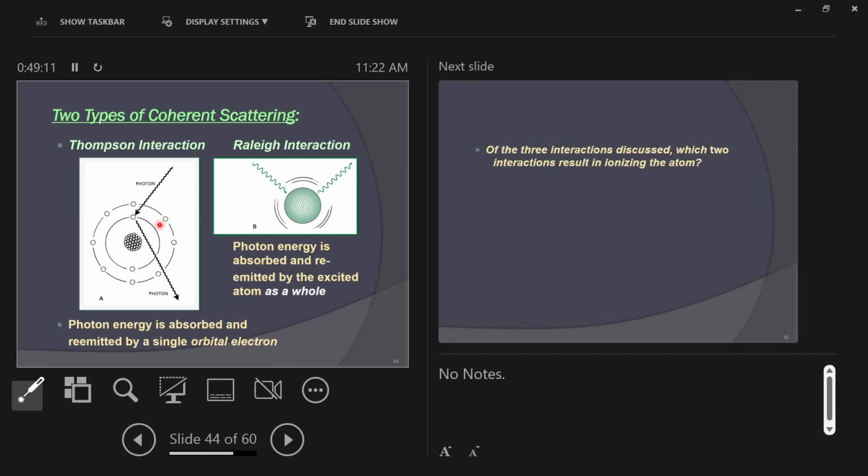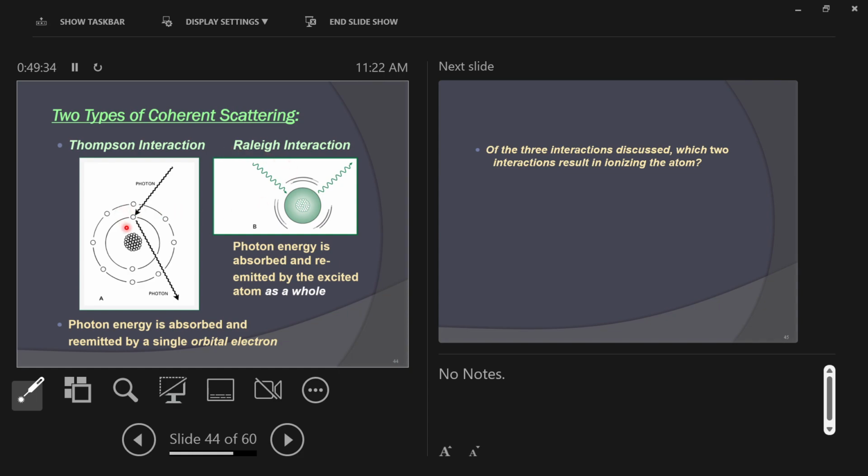You can picture this as a photon interacting with a single electron, the electron absorbing and then re-emitting a photon of the same energy, called Thomson. Or you can picture an entire atom absorbing a photon and then immediately re-emitting a same-energy photon in a different direction, called Rayleigh.